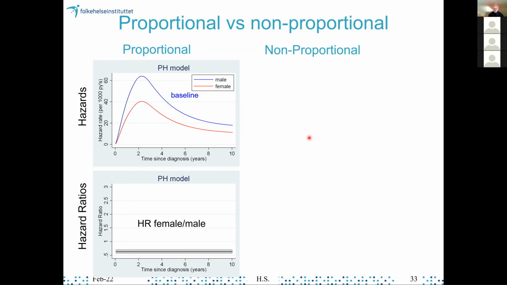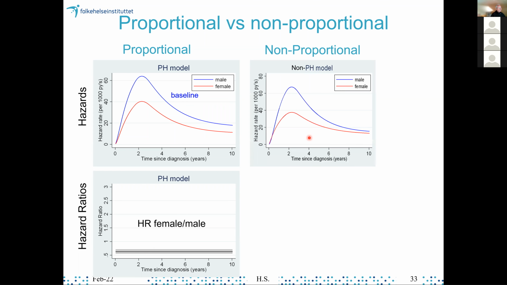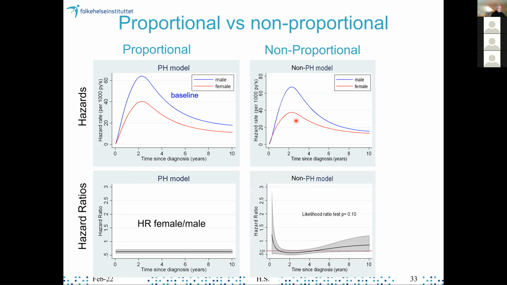Now, this is an assumption that we are enforcing on the data, and it may not be correct. And if we're relaxing that assumption, allowing for non-proportional hazards, then we may see that the hazards behave differently. And we can then get a hazard ratio that is varying over time.